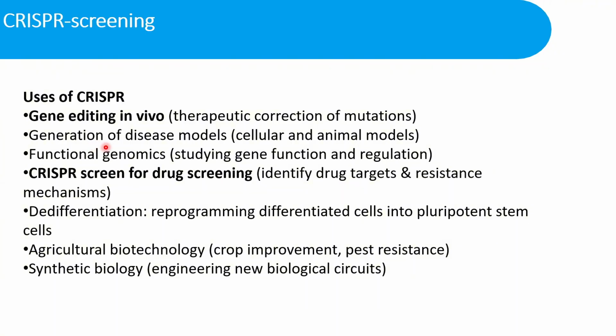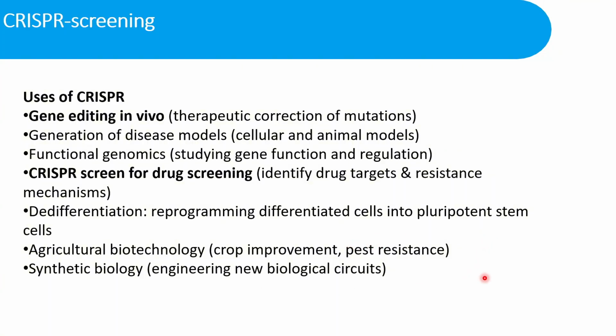Also for generation of disease models, we can produce some disease models and then study the pathogenesis of the diseases. Also, we can reprogram the differentiated cells and convert them back to the pluripotent stem cells for regenerative purposes. And also, it can be used in agricultural biotechnology for crop improvement. For example, for producing some crops that are resistant to some pests or to some fungal diseases.